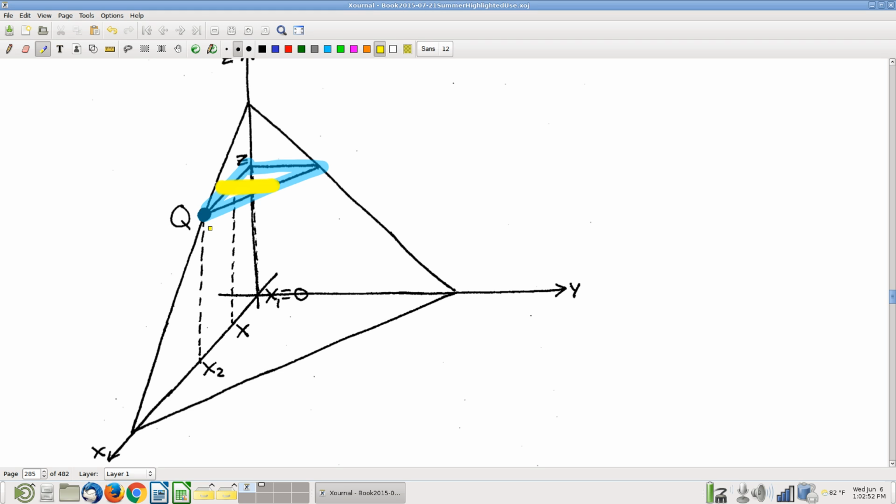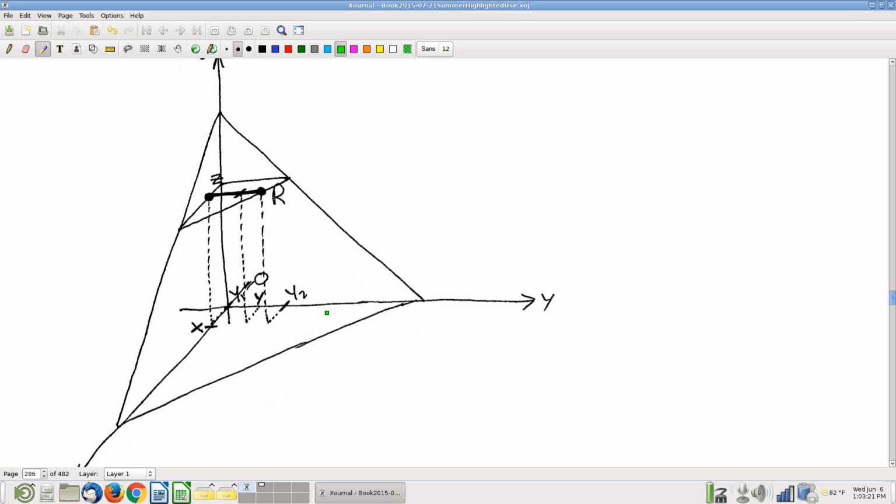That gives me this little yellow line segment, and it's on that yellow line segment that I want to know the starting value of y, and the ending value of y. We're not interested in the range of values of y over the whole solid, only on the relevant slice. Okay, so I have that picture already drawn here.